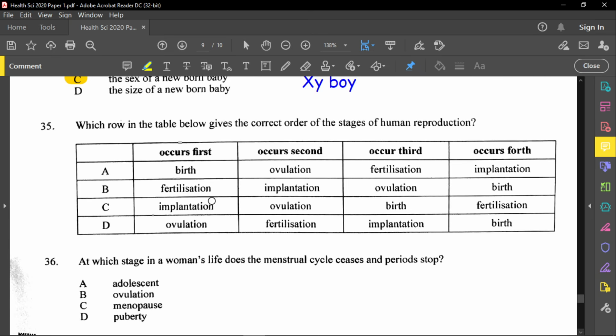The egg must be available by ovulation, then the egg becomes fertilized with the sperm, and then it will be implanted into the uterine wall. After development over that 40 week period, you'll have birth. So D is the correct answer for question 35.